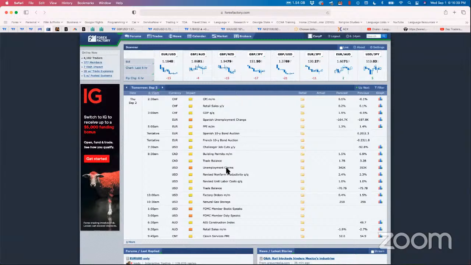Unemployment claims, under normal circumstances, maybe you could say this was a yellow or orange folder because the market was stable, but right now we're not in a stable market. So this should be red.